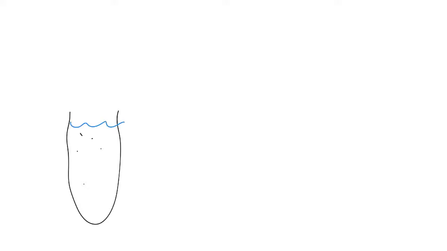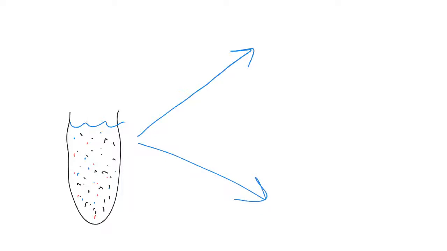So if we add more substrate, we still have the enzyme, and we still have the inhibitor. There's one of two outcomes we could expect.